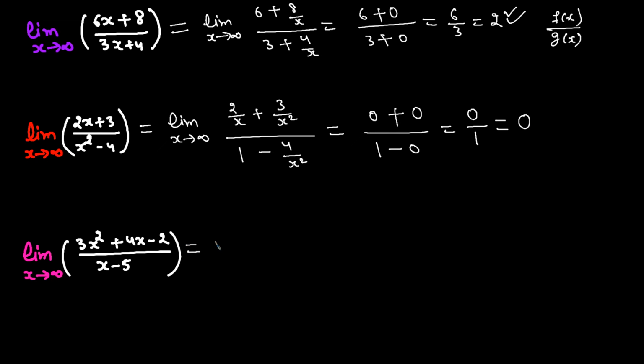Let's work on this one. The limit as x approaches infinity, and it's already written in f of x over g of x form, and now we're going to divide by the highest power of x, which is x squared.